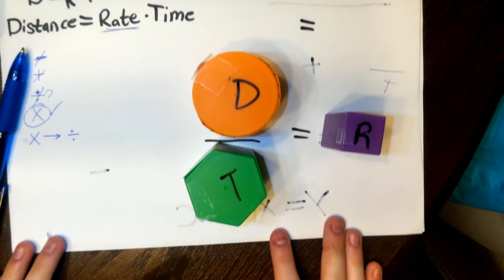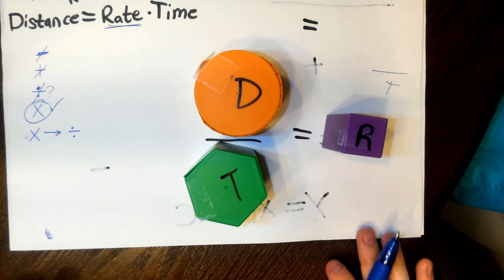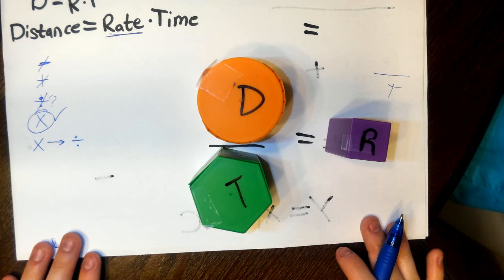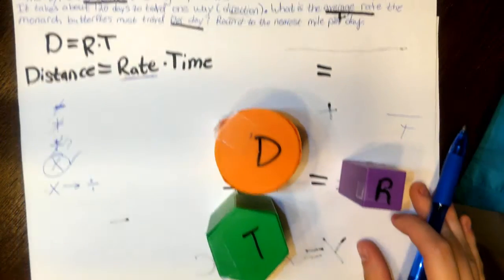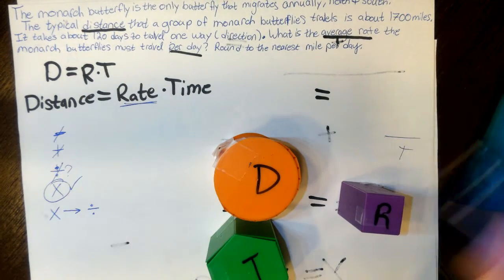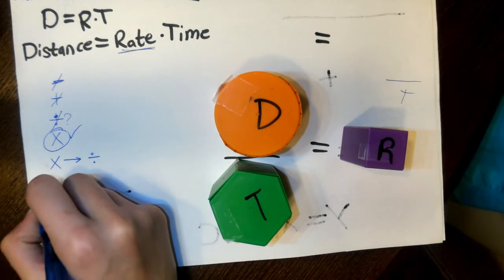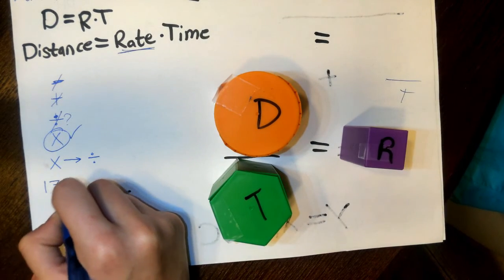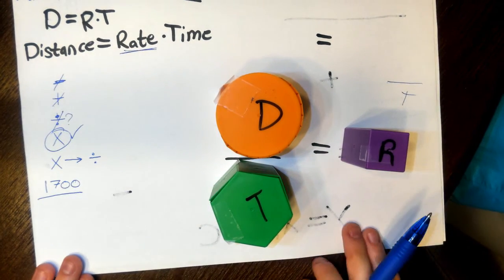Then we're going to plug in some known values. So we know that the typical distance is about 1,700 miles. So we have 1,700 divided by T. What was T?